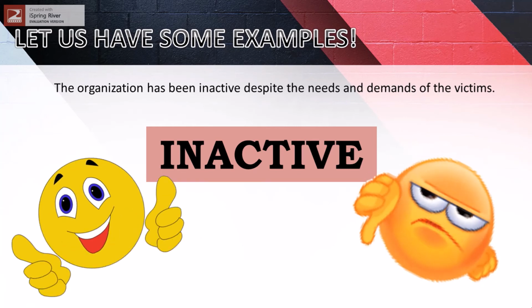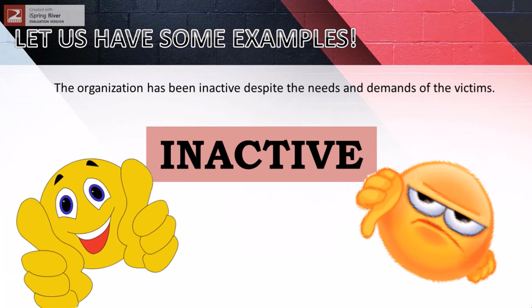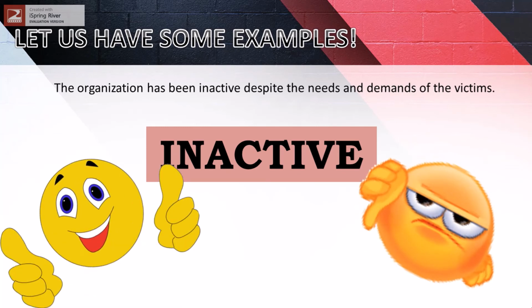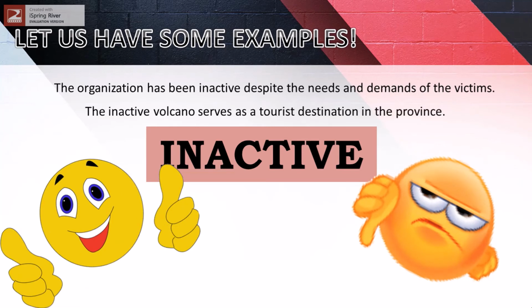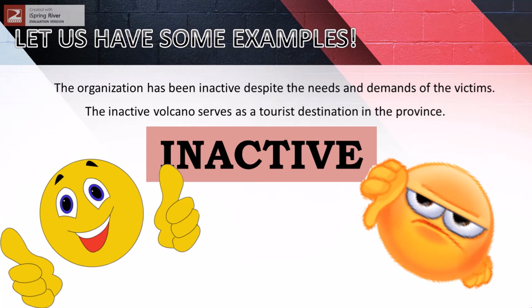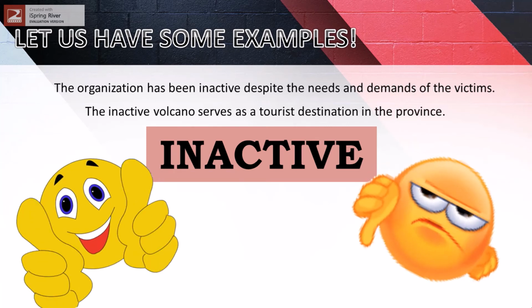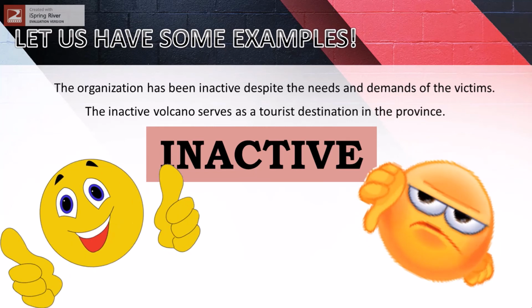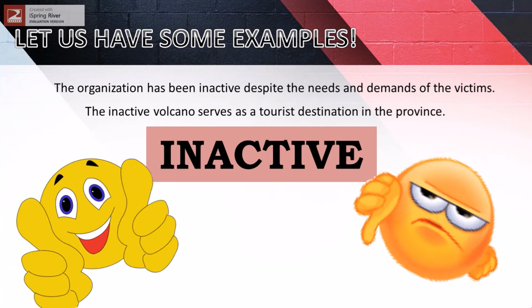The organization has been inactive despite the needs and demands of the victims. The use of the word inactive in this sentence is negative. How about in our next sentence? The inactive volcano serves as a tourist destination in the province. The word inactive in this sentence is positive.